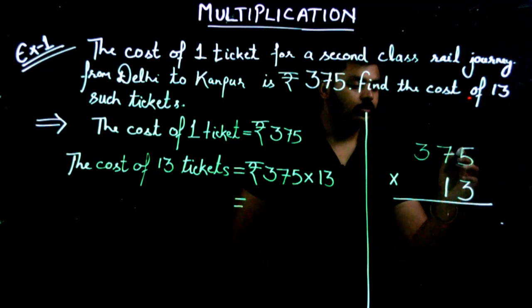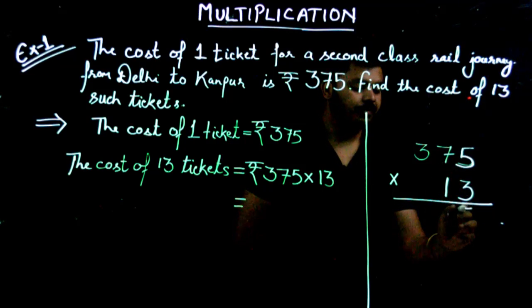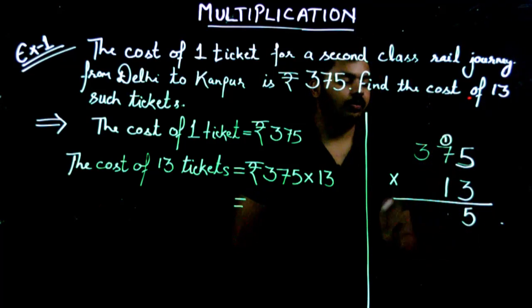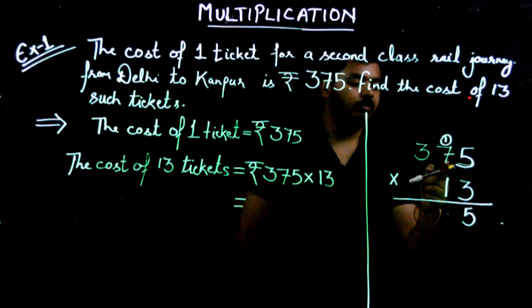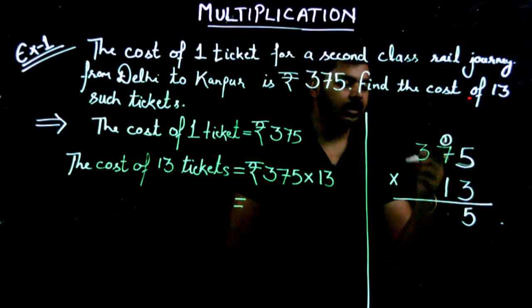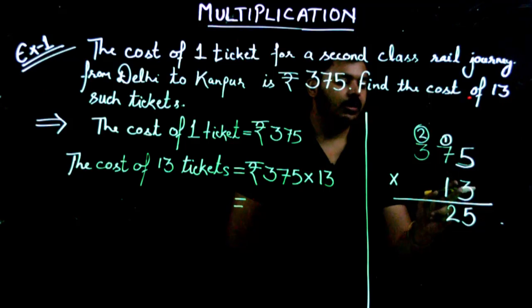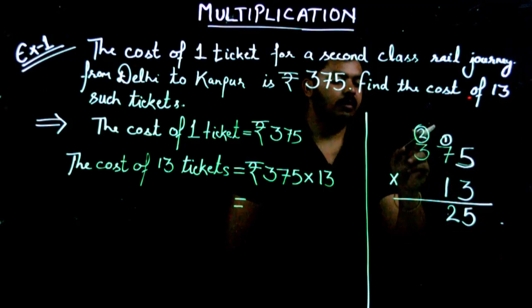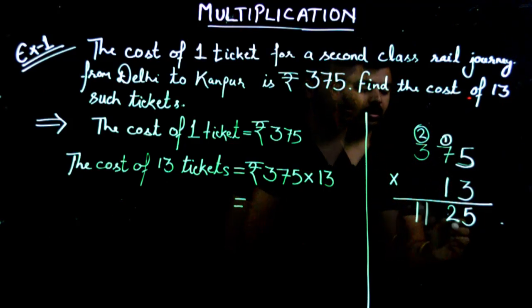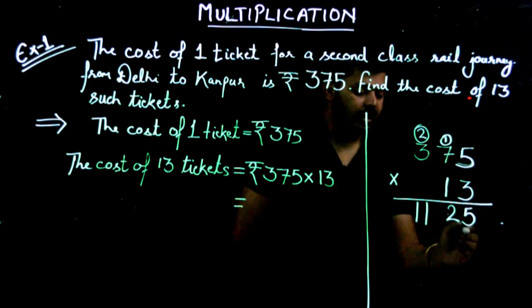So let's do 3 multiplied by 5 is 15, 1 carry over. Now 3 multiplied by 7 is 21 plus 1 is 22, 2 again carry over. 3 multiplied by 3 is 9, 9 plus 2 is 11. Now we have to multiply it by 10.